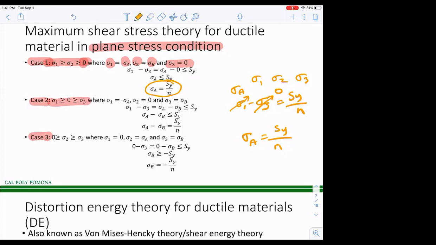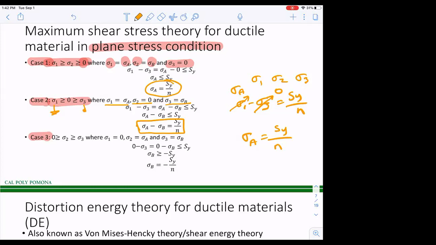So sigma 3 is compressive, sigma 1 is tensile. If that is the case, you're going to put sigma 1 equal to sigma A, sigma 2 will be 0, sigma 3 will be sigma B. And if you plug in, this is what you will see. Sigma A minus sigma B is equal to yield strength divided by factor of safety.